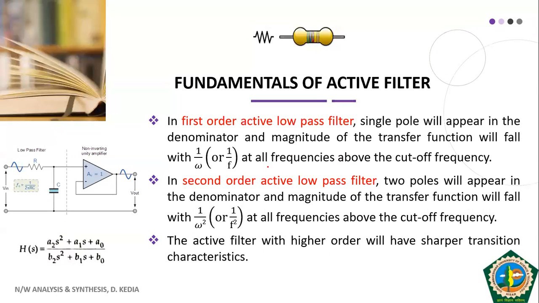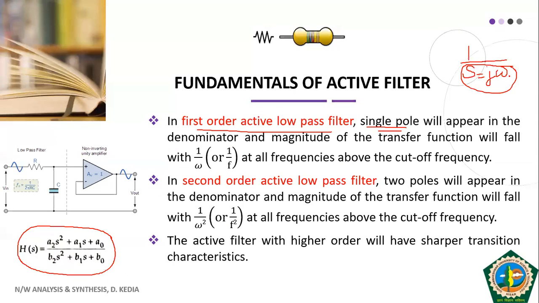So as I told you, in a first order active low pass filter, we will have a single pole appearing in the denominator. If you look at this expression of the transfer function, in case of first order, we will have the term s in the denominator, and s is nothing but j omega. So in the denominator we will have a first order term in omega.